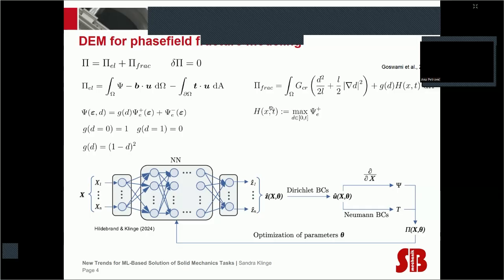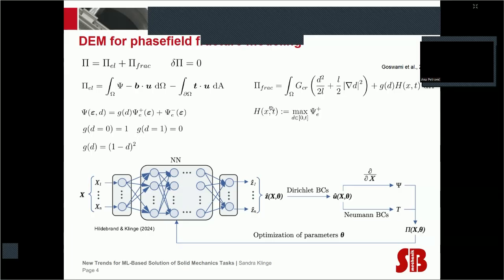And one typical example here is a quadratic function. And of course, there are other suggestions instead. The second part is related to the damage. This part here is the standard part, and it's suggested by Francfort and Marigo. And the other one is a kind of regularization and has to stipulate that damage is an irreversible process.